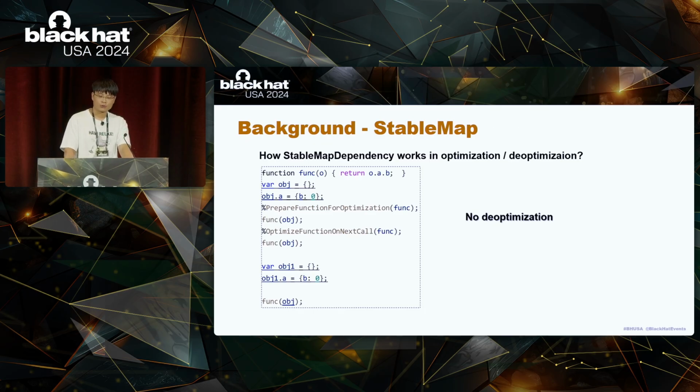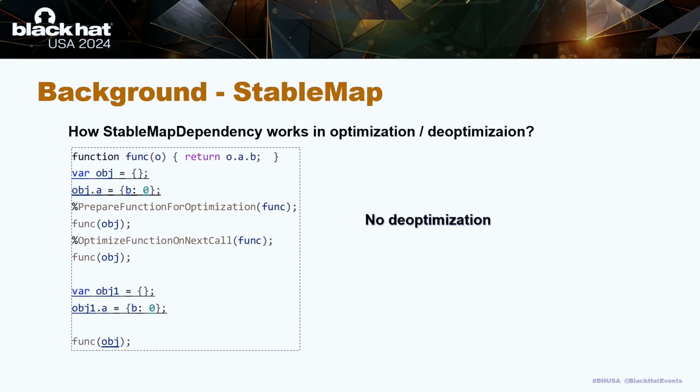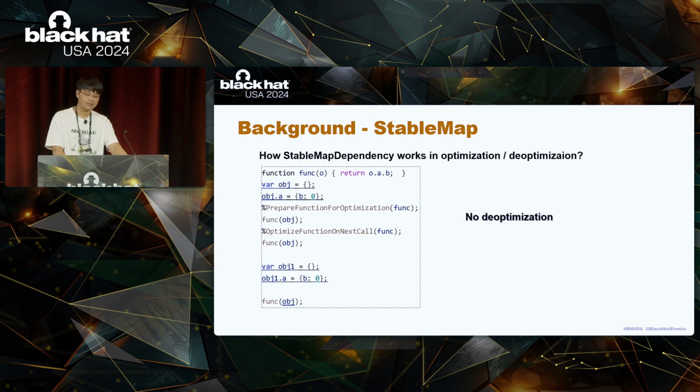Let's take a look at how it works in code optimization. In this example, the function to be optimized, called func, will retrieve the property saved in the parameter and return it. Before optimizing the function, we create a suitable object and pass it into func to optimize the function based on the execution feedback. Then we use the same procedure to create another object named obj1.